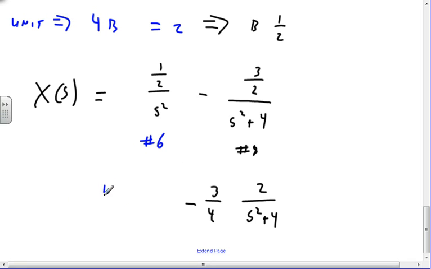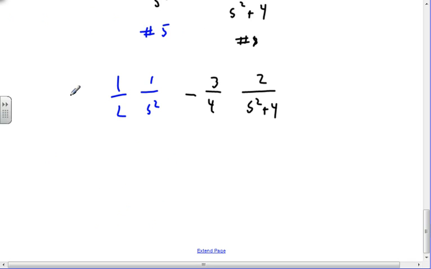So I'd have to have 1/4 2 over s squared. No, I don't have to have that. It's number 5, not number 6. Number 5. So all I need is 1 over s squared times 1/2.